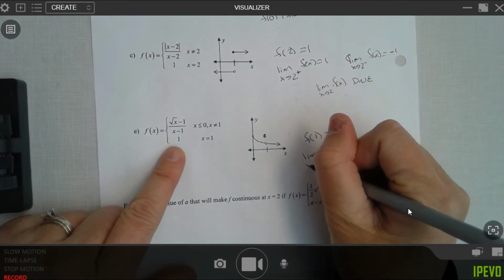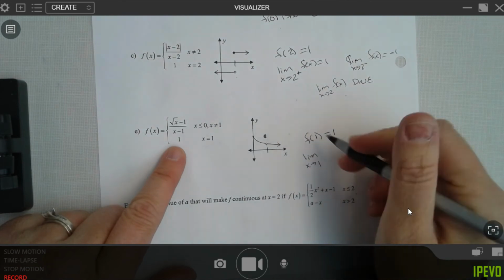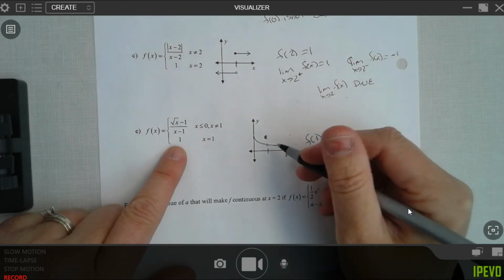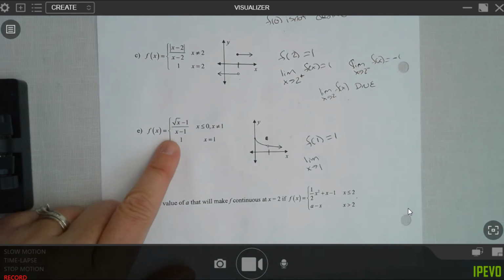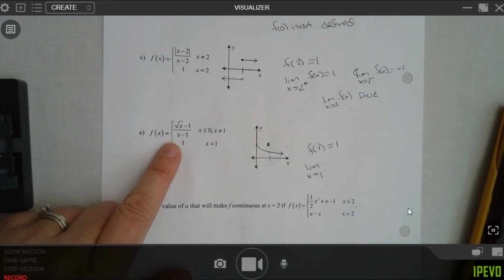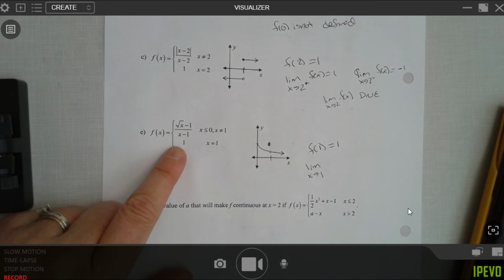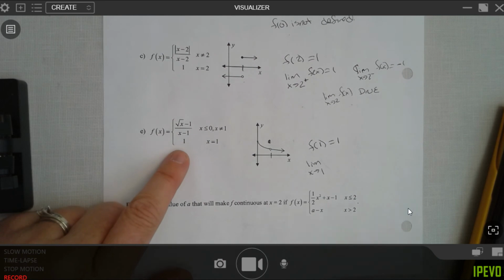And my limit from the left and the right as I approach 1. Let's see. I plug in approaching 1 from each of these sides. I think we're approaching a half, if I remember it correctly.